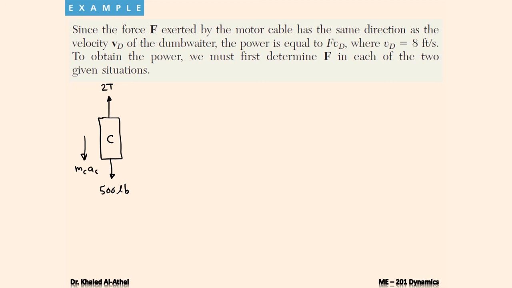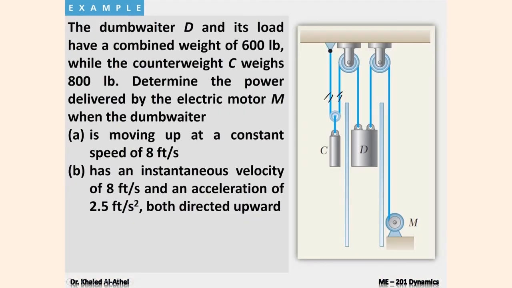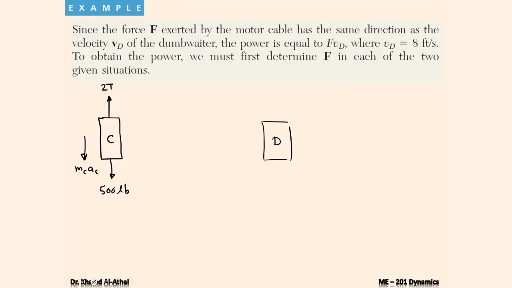Okay, now for block D, I can do the same. For block D, I have 2 different tensions. I have one which is the same as with C, and I have another cable in this case. So I have 2 different forces. I'll call one of them T, and the other one I'm just going to call F to differentiate between the 2.